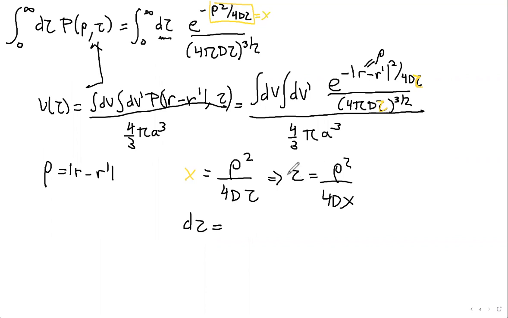This means I take the derivative, and d tau equals rho squared with a minus 4 dx squared dx. So if I take the derivative of 1 over x, it is minus 1 over x squared dx. All right. So you see that now this integral simplifies because we will have this 4d that goes out.